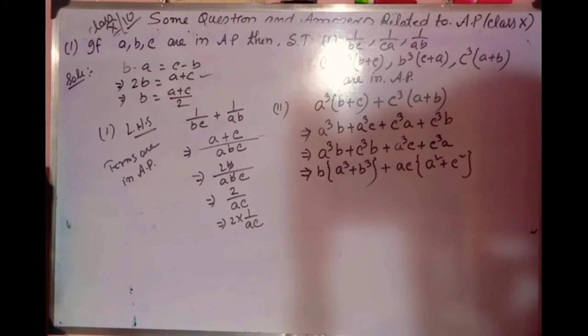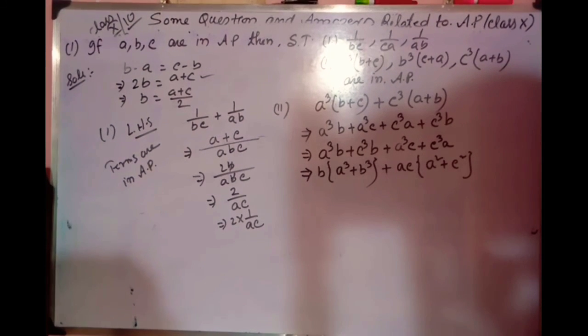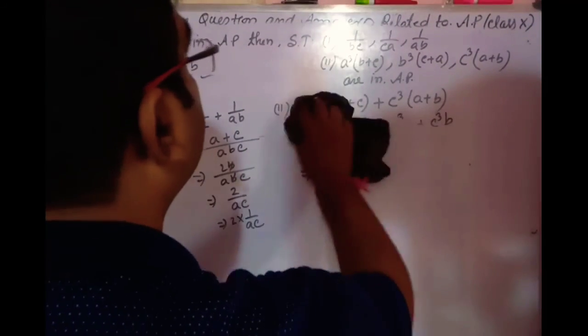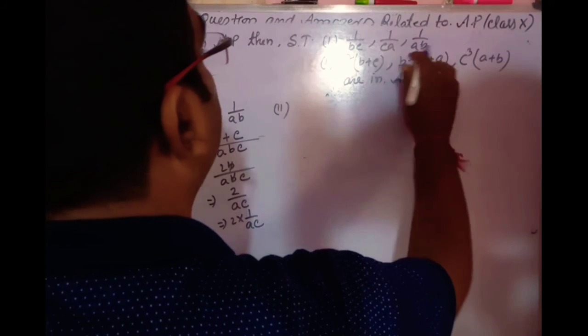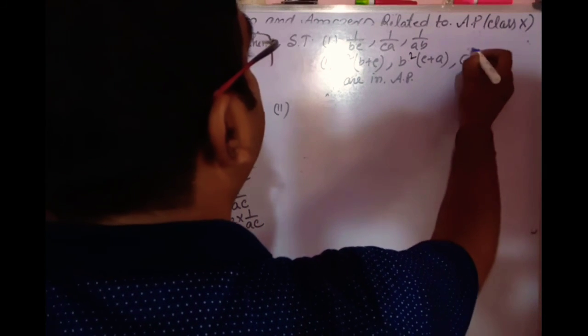Now, sorry, one mistake has been made here. It is A square, B square, it is C square.